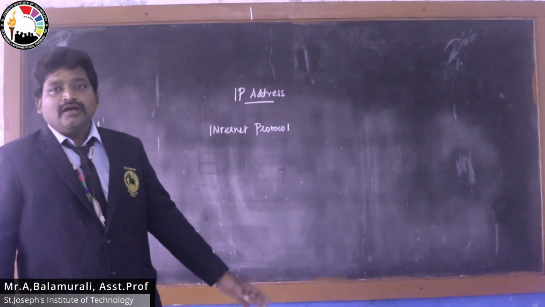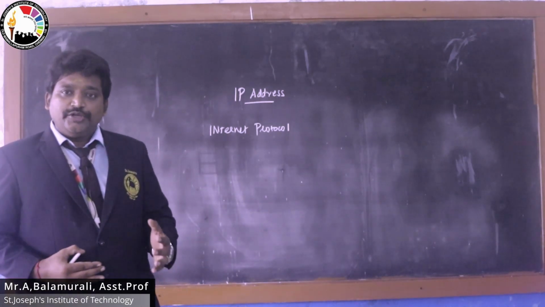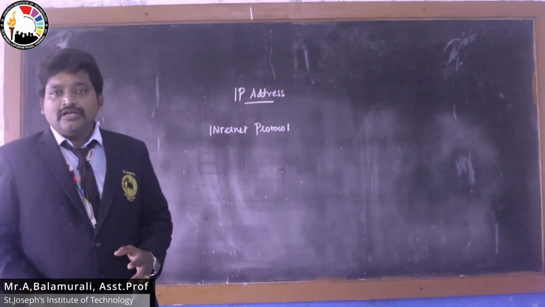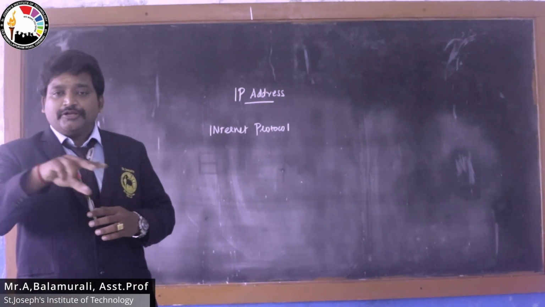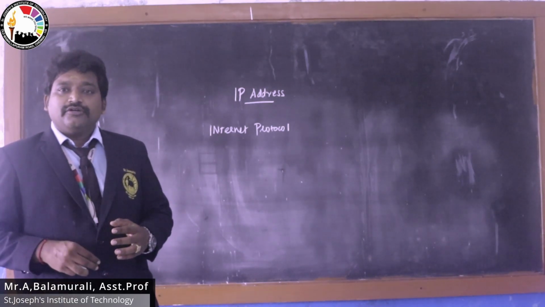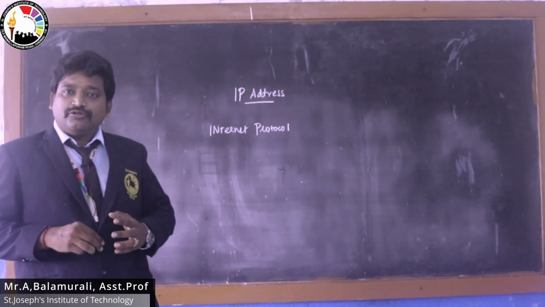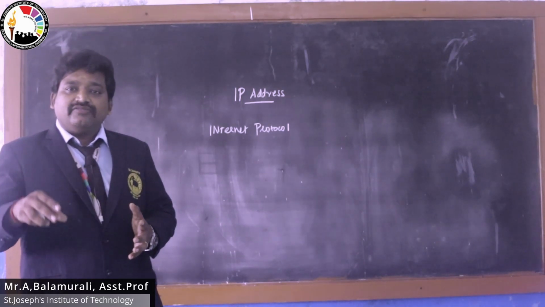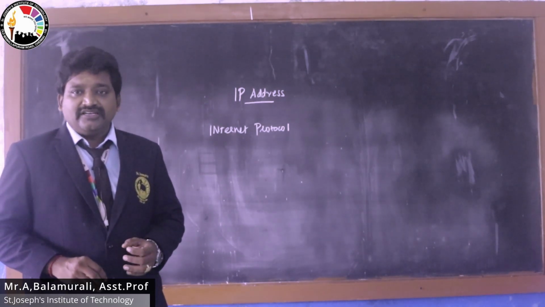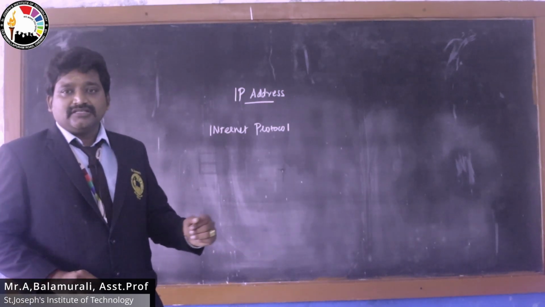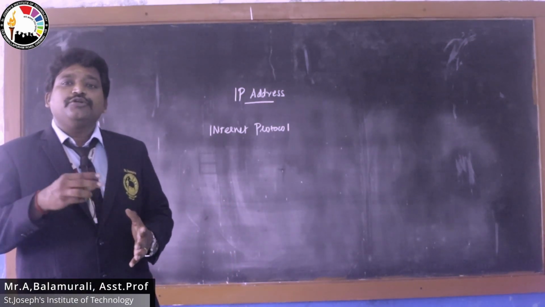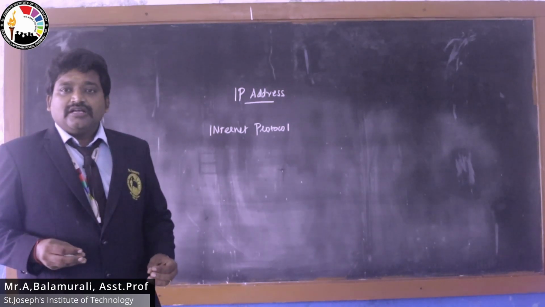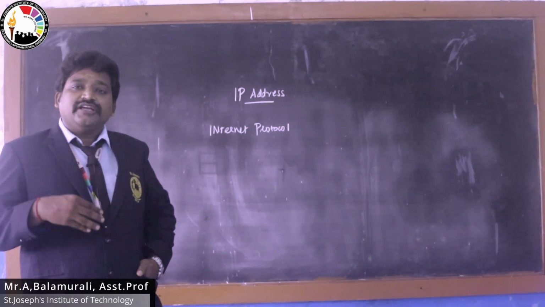For example, if you connect a new device to a particular network and want to communicate messages in that network, you require an IP number. Only after that can you connect to the network and communicate. That is the main objective of an IP address: using the IP address, you connect to a particular network, and only then can you communicate messages.